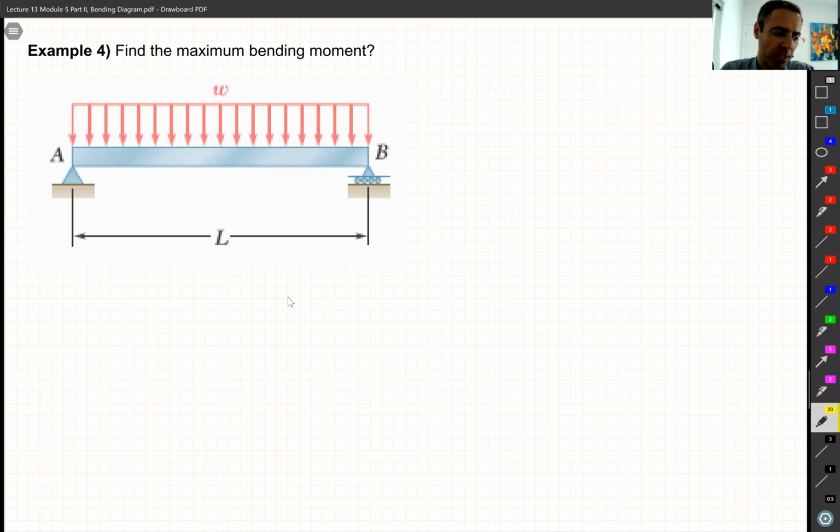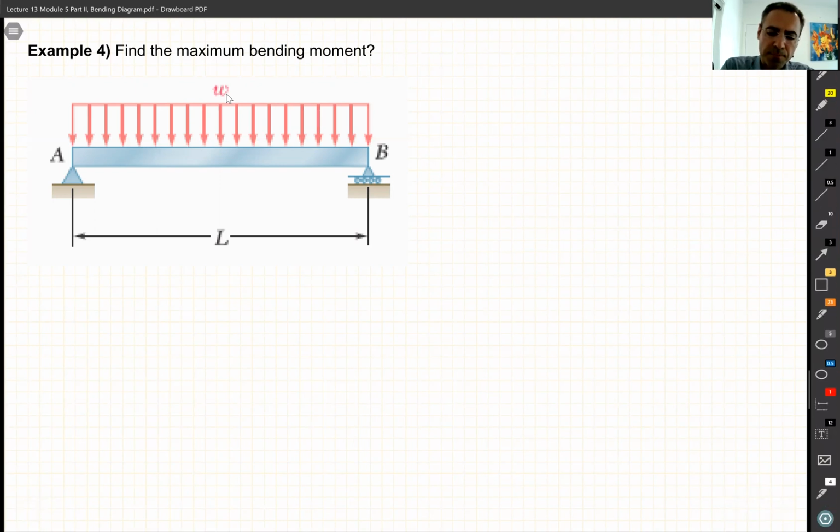I'll let you guys read it. We want to find the maximum bending moment for this beam. A simple beam with a distributed load, but we want to find basically a general equation. The intensity of the load is W. Sometimes we show it by W, sometimes by Q, it doesn't matter, right?